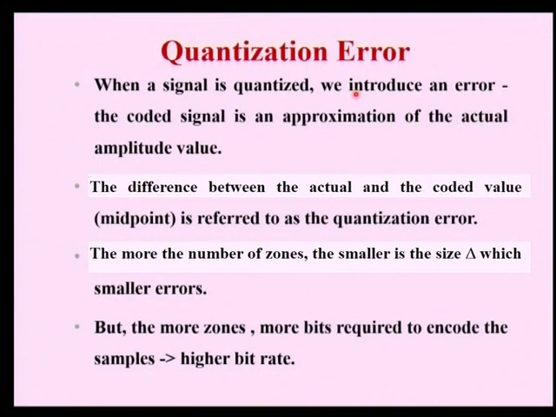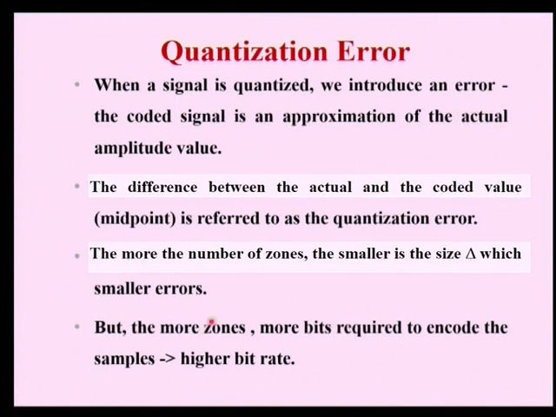When a signal is quantized, we introduce an error. The coded signal is an approximation of the actual amplitude. The difference between the actual and coded value is the quantization error. If we go for more zones, that is, more levels, it results in a smaller delta size, thereby reducing the errors.